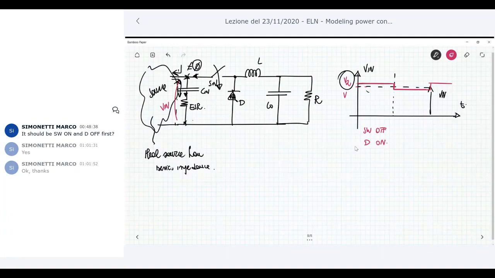Let me call this voltage V1. This is what happens when the switch is on and the diode is off. This is a situation that occurs anytime you have something that loads your signal. This is called the loading effect.